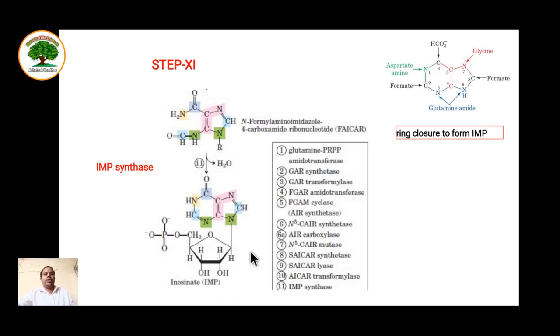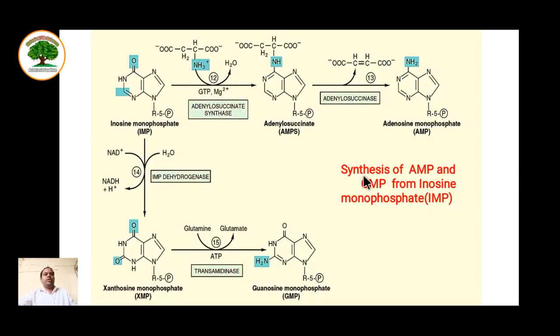At the last you can get this compound, that is inosinate or inosinate monophosphate, which is the precursor for adenine and guanine synthesis. Now let's see how IMP is converted into adenine or how IMP is converted into guanine. These are the enzymes required in this pathway. You can see here how inosinate monophosphate formed in previous steps is converted into either AMP or GMP.